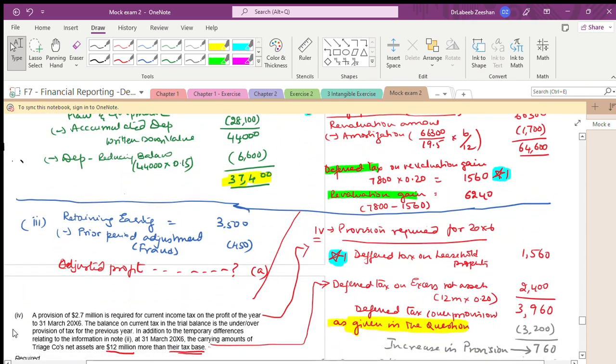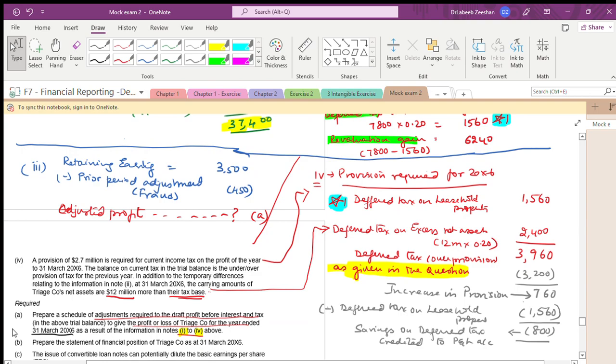Now coming to point number 4. A provision of 2.7 is required for current income tax on the profit. The balance on the current tax in the trial balance is an under or over provision for the year.